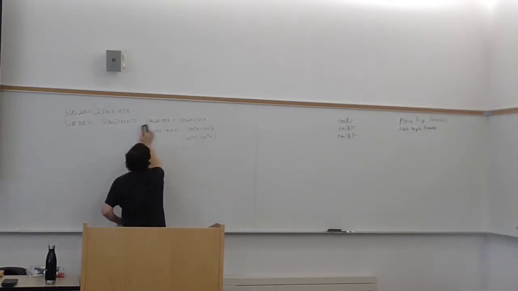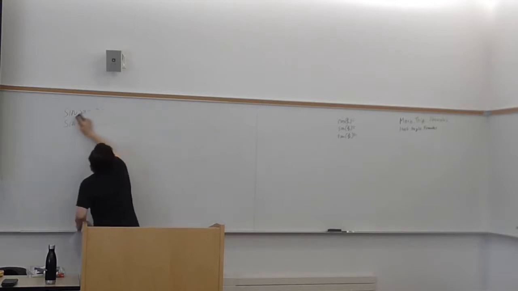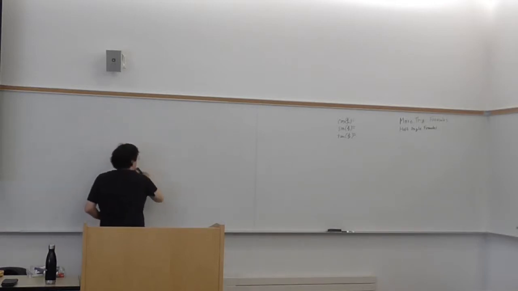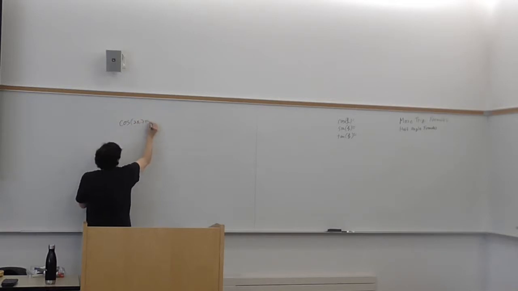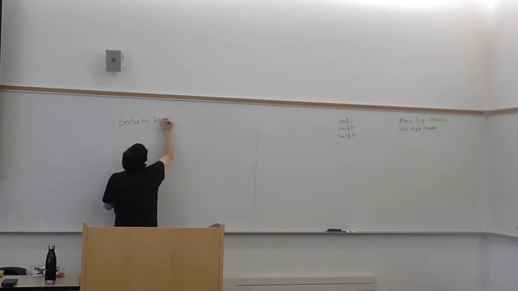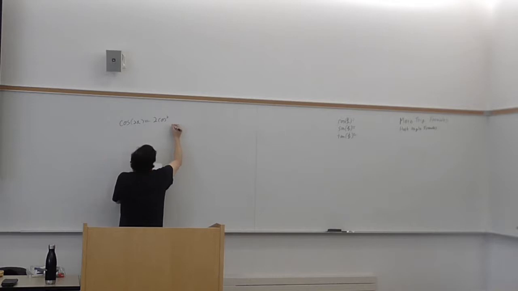We're going to start, again, with the double angle formulas. Start with cosine of 2x equals 2 cosine squared x minus 1.